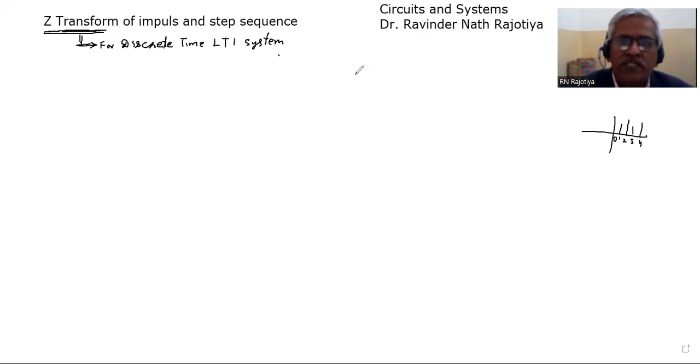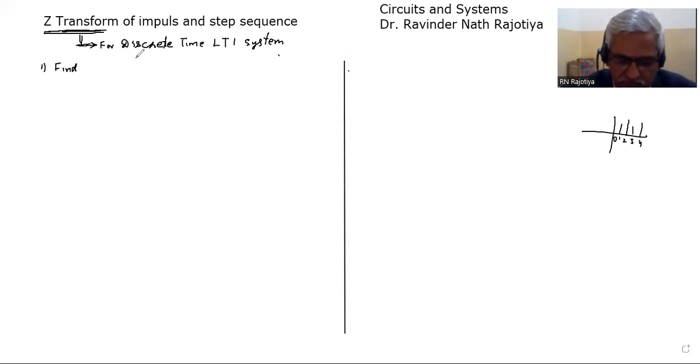In today's lecture, we will take up two examples: one for the delta signal, that is the impulse, and second for the unit step sequence. Question 1: find the Z transform of the unit impulse sequence.